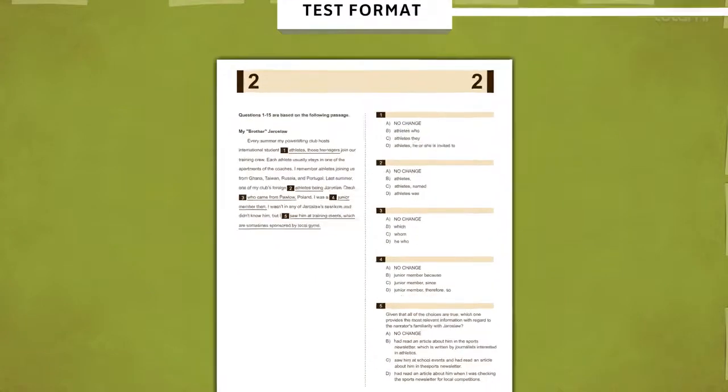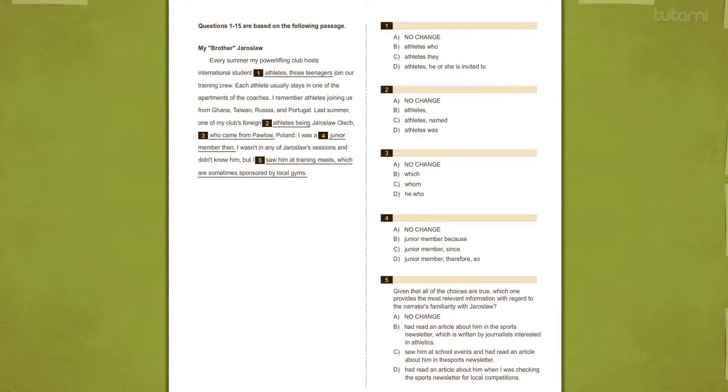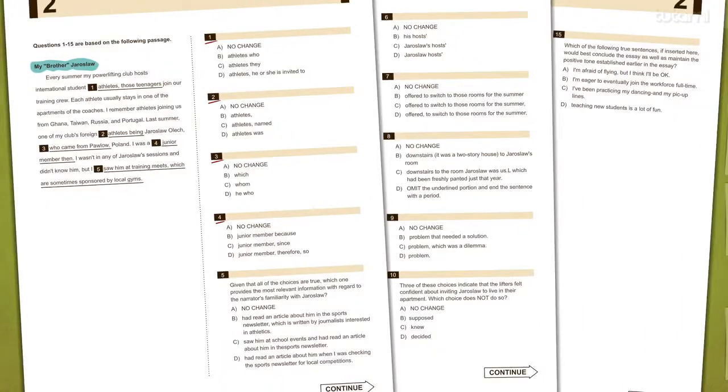Come test day, this is essentially what you'll find scattered throughout the writing and language section. Each passage will begin with a bold-faced title, followed by a passage that will be spread across multiple pages.